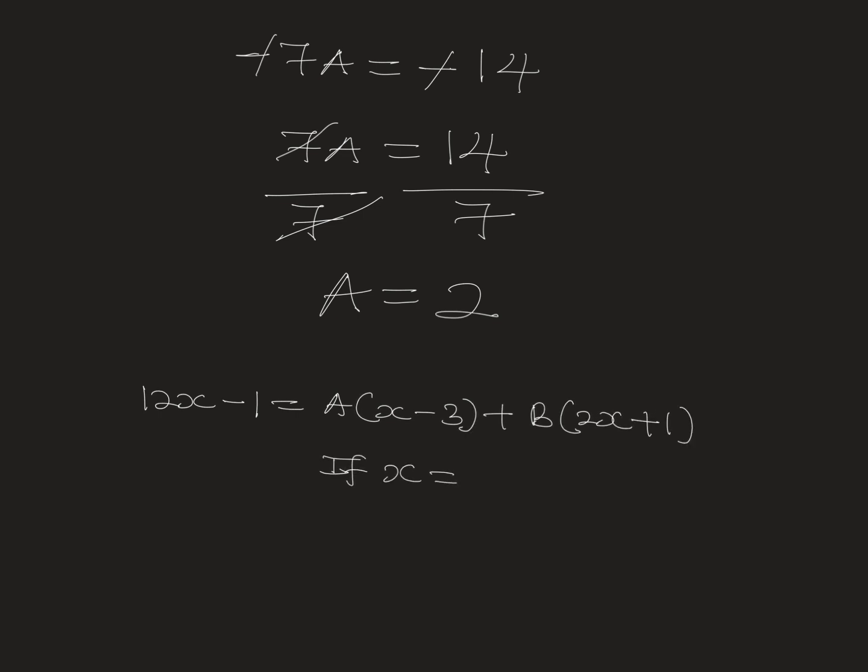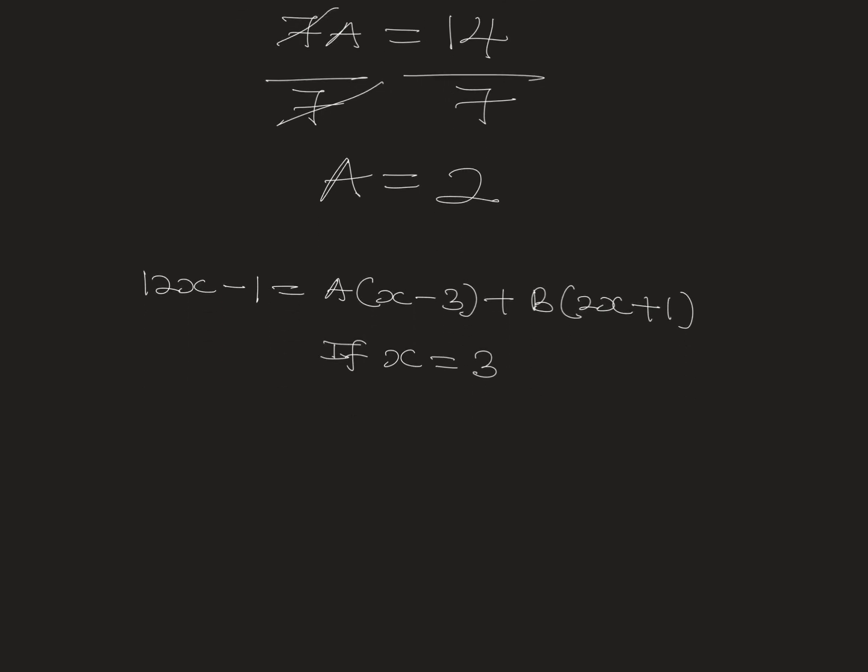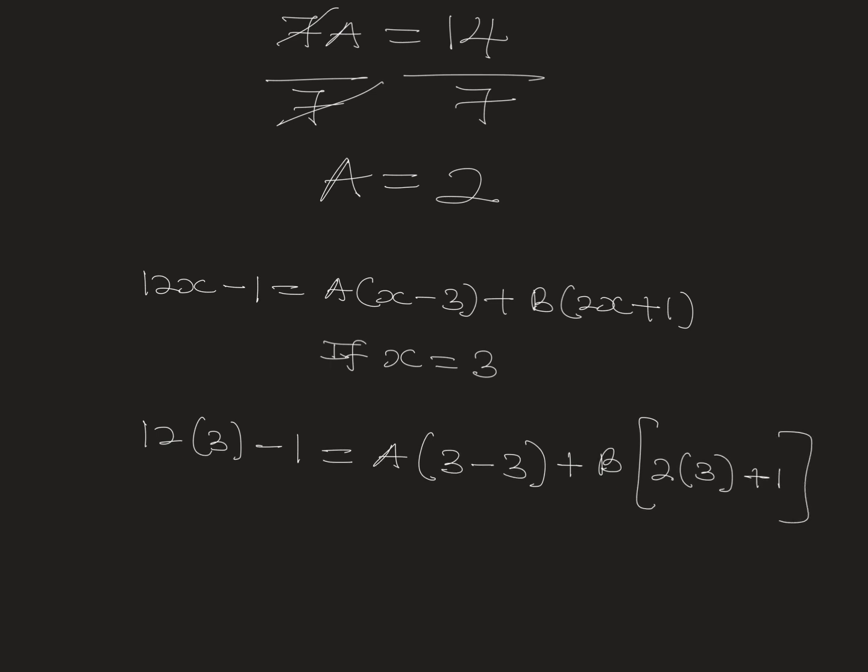If x is equal to 3, then we're going to have 12 into 3 minus 1 is equal to a into 3 minus 3 plus b into 2 times 3 plus 1. 12 times 3 is 36 minus 1 is equal to a into 3 minus 3 will be 0 plus b into 2 times 3 is 6 plus 1.